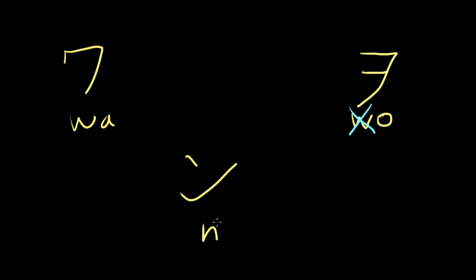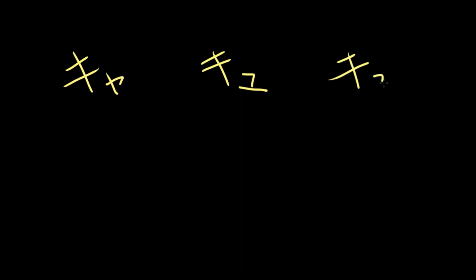Okay, now we'll get on to compound katakana. That's where we use small ya, yu, and yo. So there's kya, kyu, kyo.